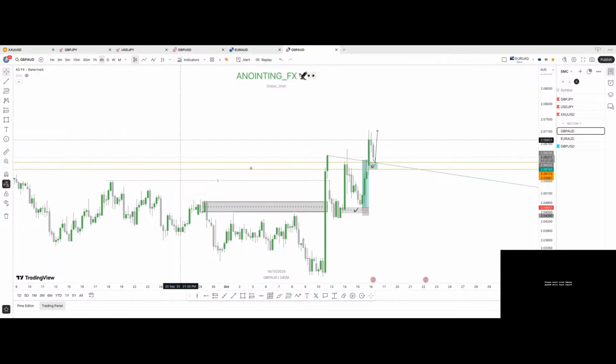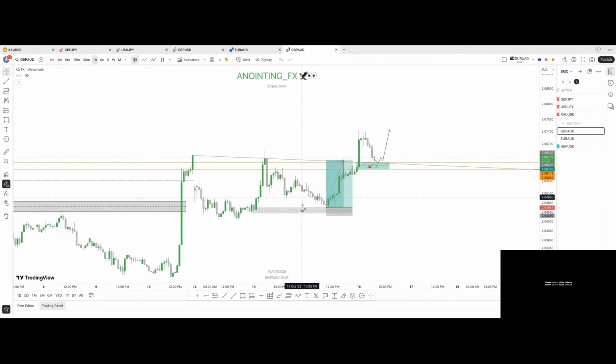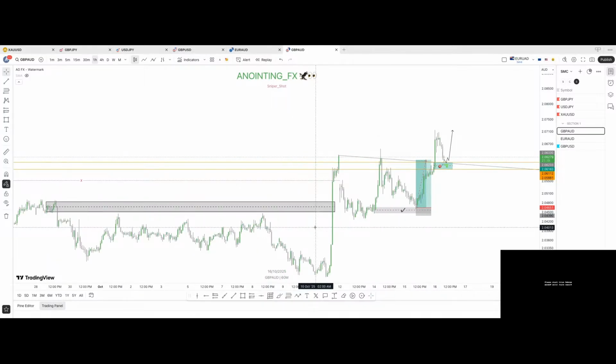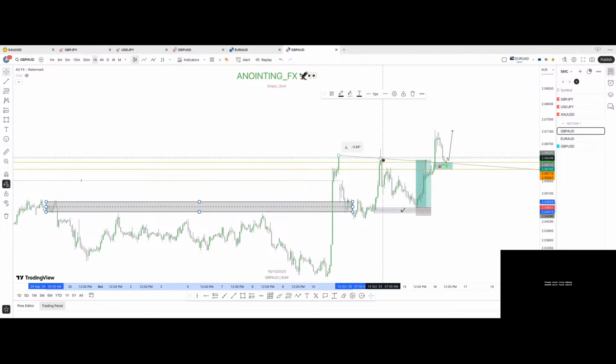So upon price coming down, it came to tap inside this particular zone. Okay. So when you switch to the lower time frame like that of the 1 hour, you see that price came to tap inside the zone before it went to the upside.